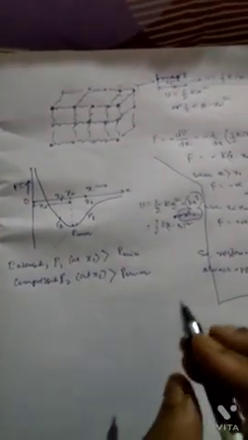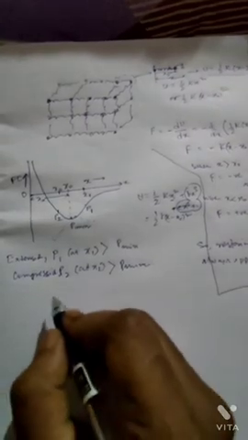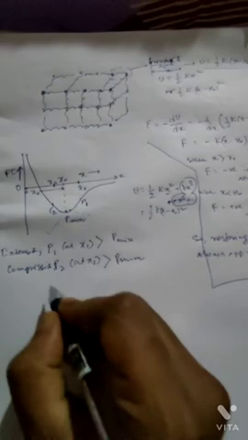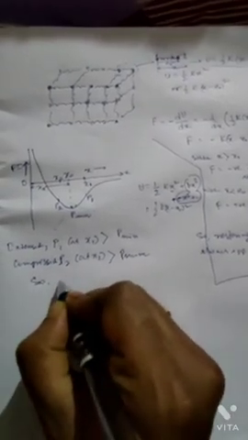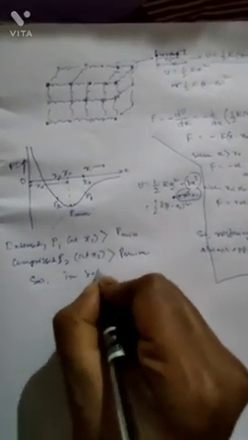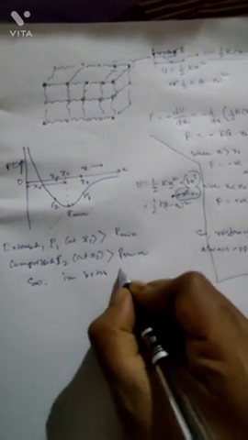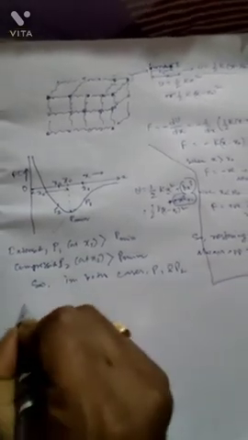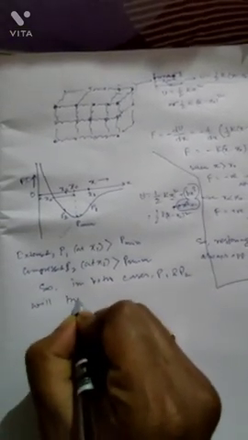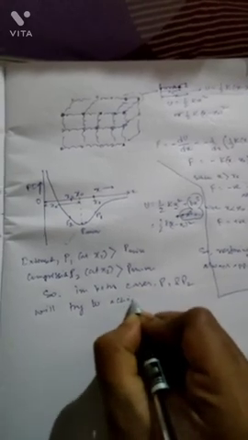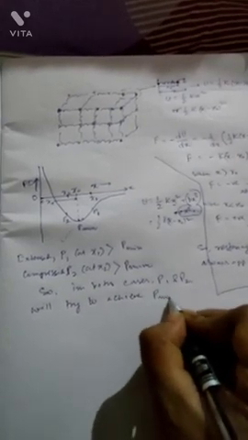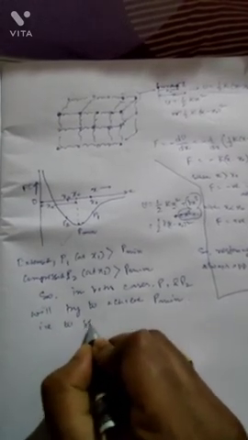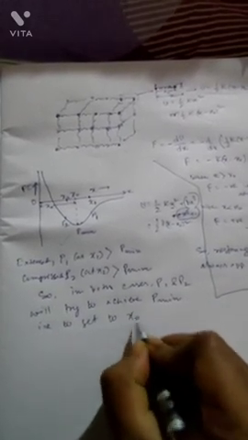So in both cases, P1 and P2, the system will try to achieve P minimum, that is, to get to x naught.